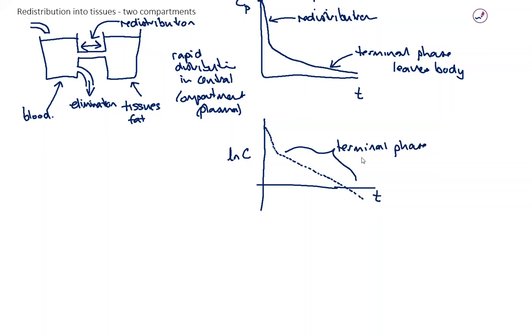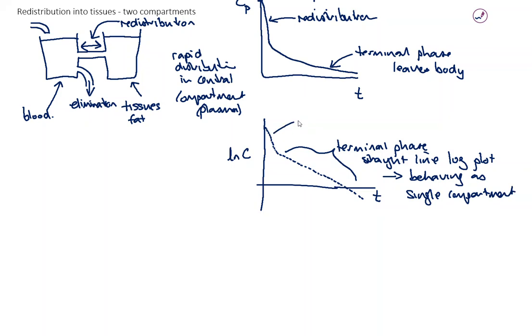So where you see it's a straight line, a straight line log plot tells you that it's behaving as a single compartment. In the first phase, it's behaving as two compartments, and you've got redistribution occurring between the two compartments.